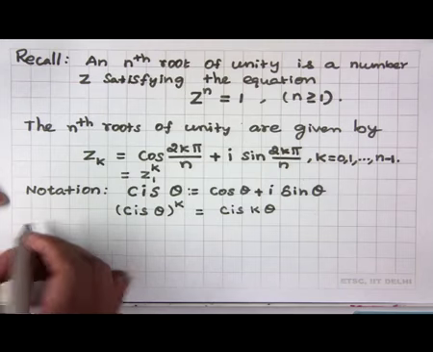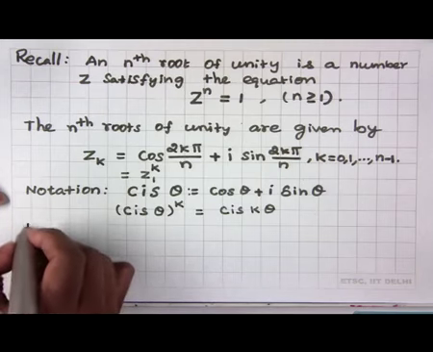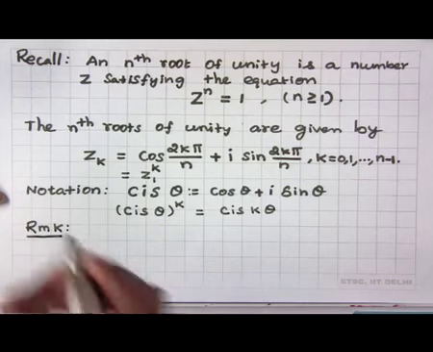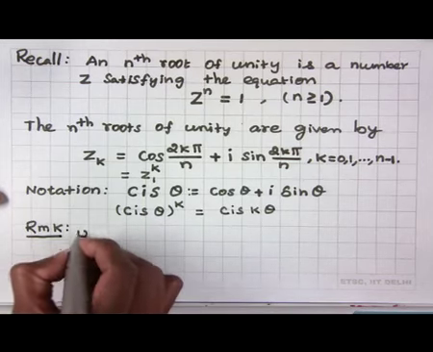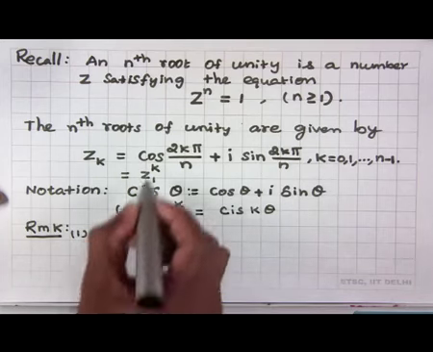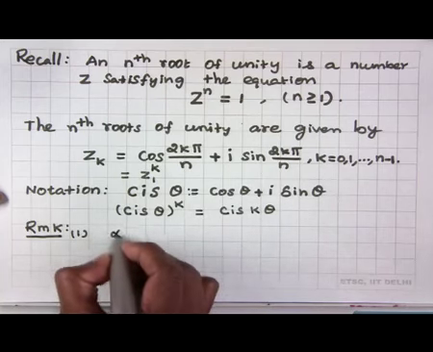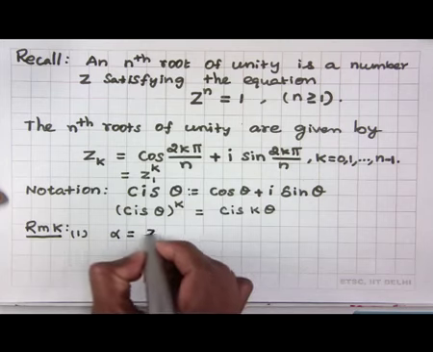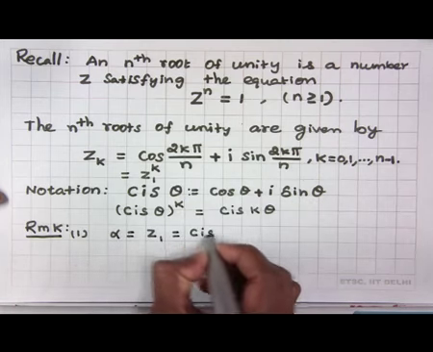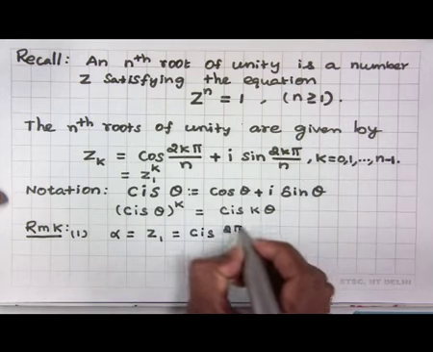And let us make some remarks. What we observe is, if we consider, say, alpha as z1, that is cis 2 pi by n.